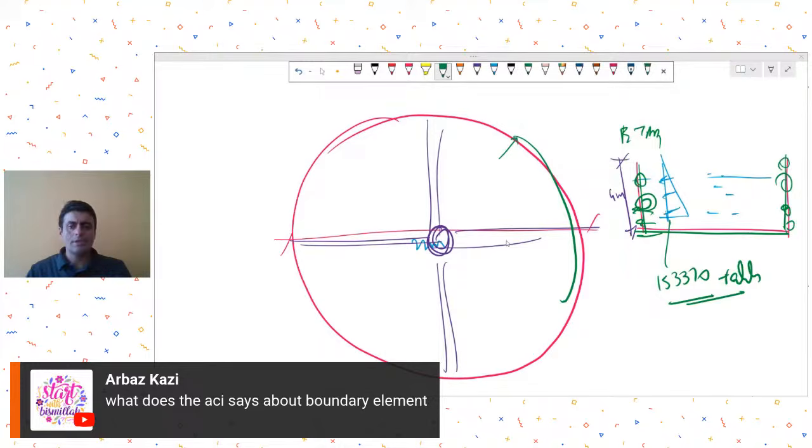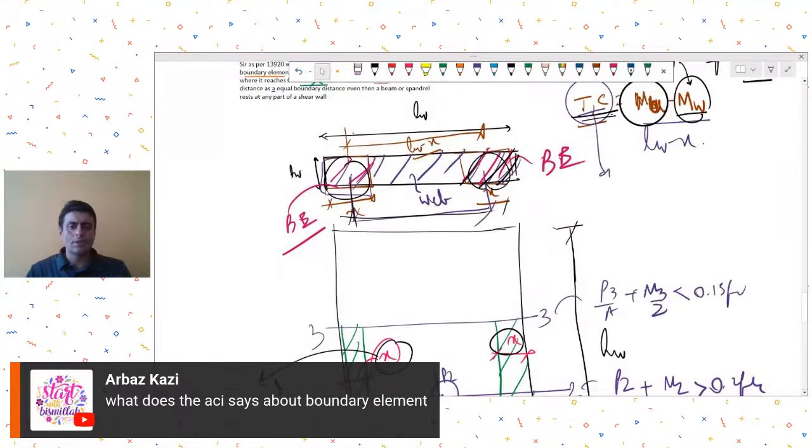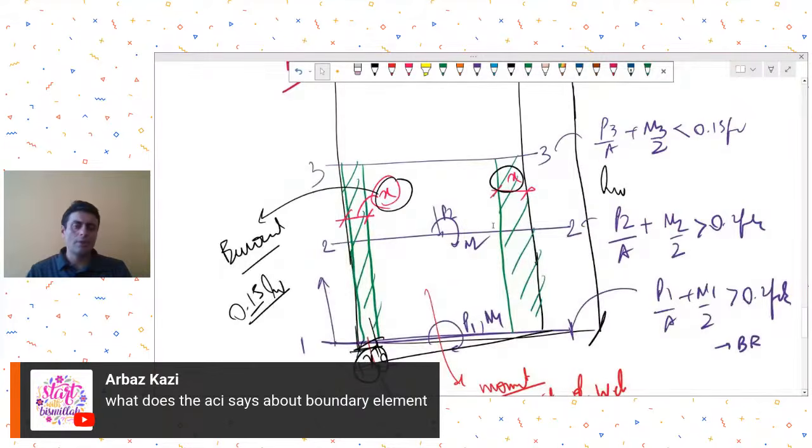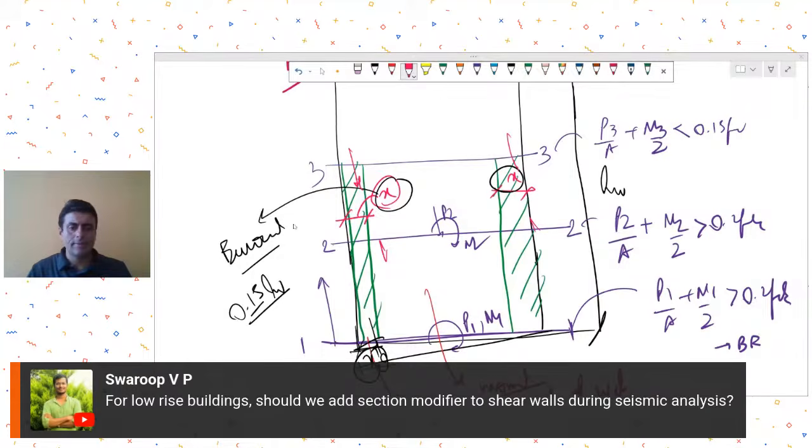You first figure out the moment that needs to be taken by the boundary element, then you find out the TNC couple, and then you try to accommodate the reinforcement, or check your boundary element size for the tension force T. Accordingly, you will have to find out the sizes. Of course, you need to add the gravity loads also to this. So how much of the gravity load component is taken? What is the TNC? Depending on all that, you need to figure out your sizes.